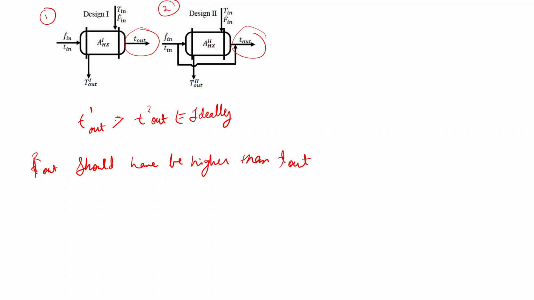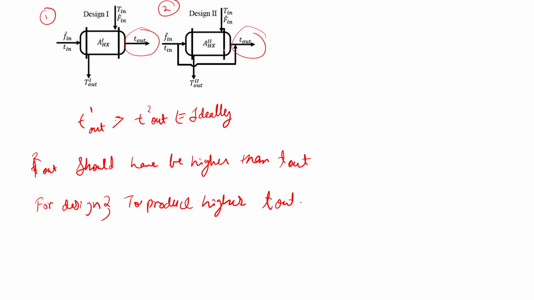So for design 2, to produce this higher T out, we need to increase the area of heat exchange.